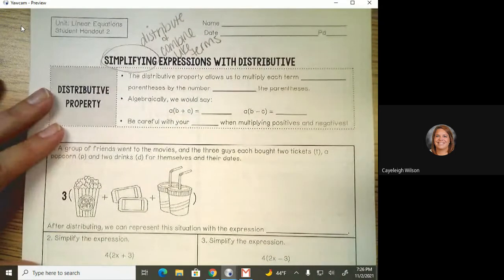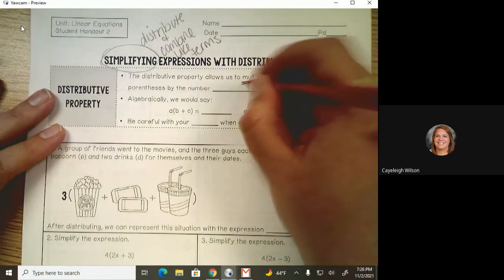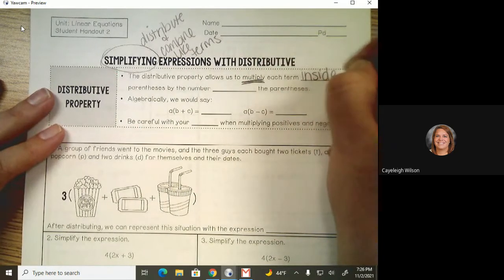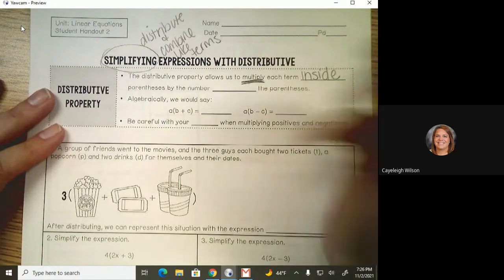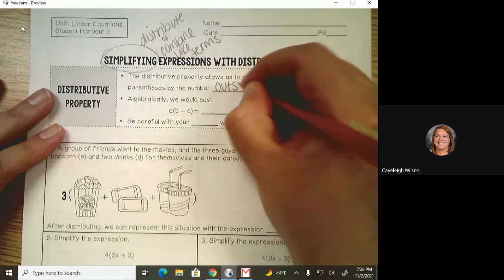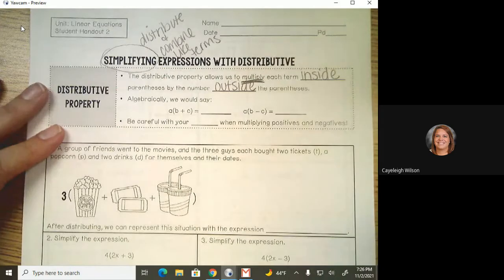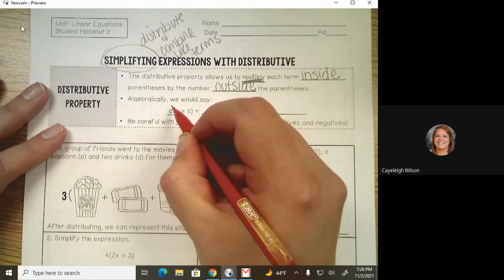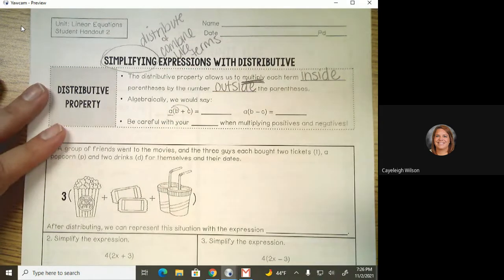So the distributive property is a multiplication property. It allows us to multiply each term inside the parentheses by the number outside the parentheses. Basically this number on the outside will be multiplied to each term on the inside.